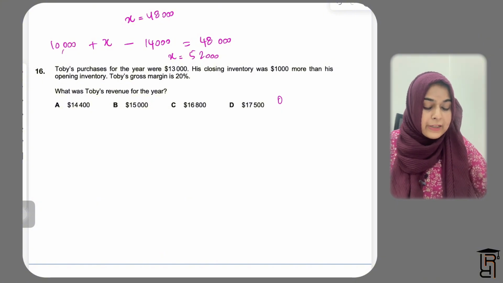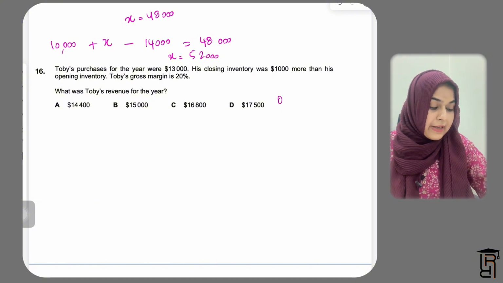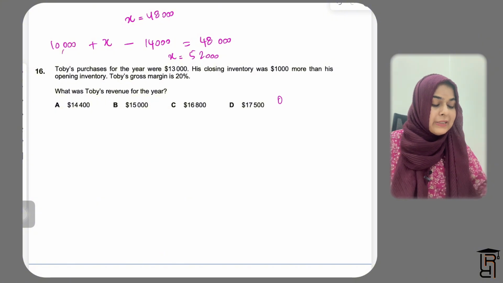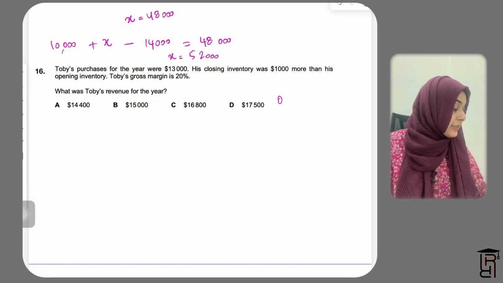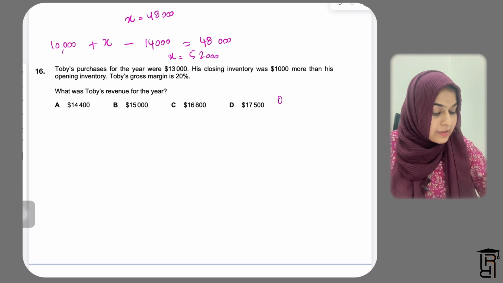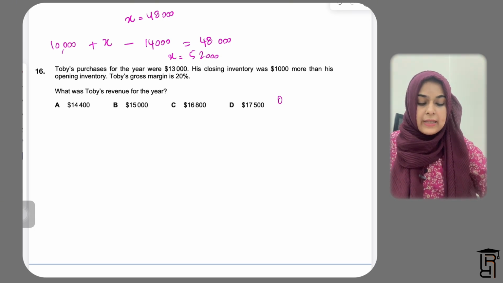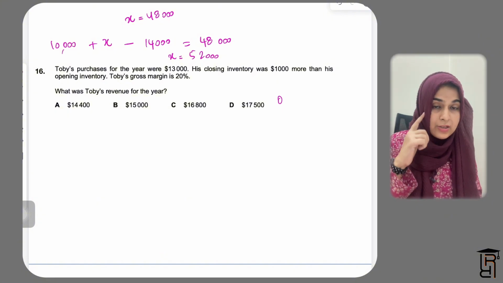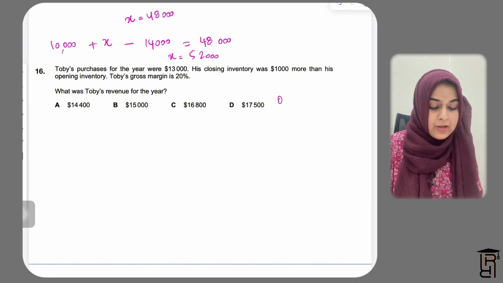So you need to find out the revenue. 80% is 12,000. What is 100%? That is going to tell me my revenue. When I cross multiply, 80% is 12,000, so 100% is X. My answer will come out to be 15,000, which is my revenue in this case. Toby's revenue is 15,000. The answer will be B.